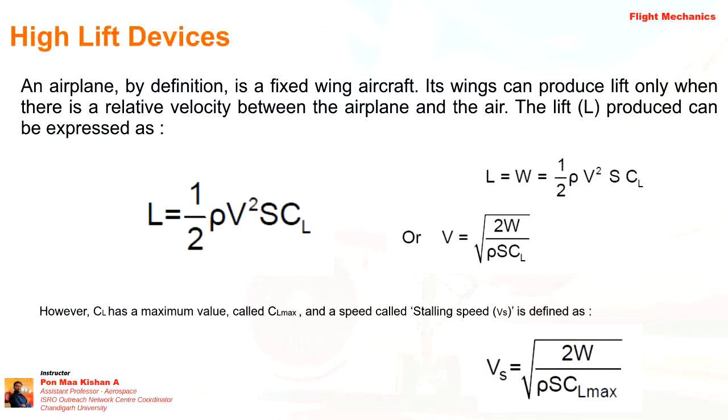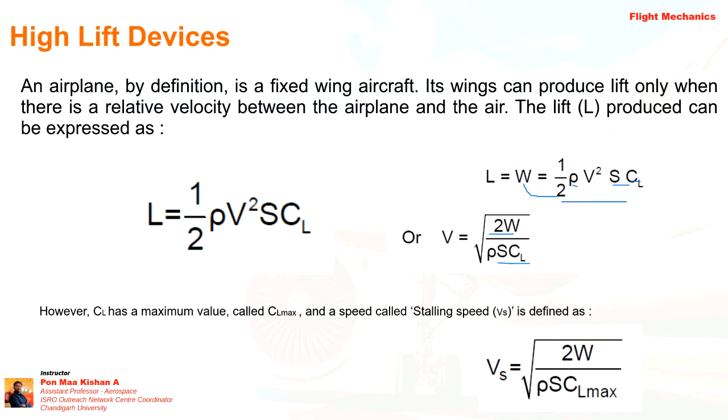right. Apart from that, you might have known that lift is equal to weight at the cruising level, right? So L is given by half rho V square S into CL. If we equate lift to weight, then we can write weight is equal to half rho V square S CL. From this equation, if I want to calculate the velocity, I will cross multiply the terms. 2 is over here, 2W divided by rho S CL.